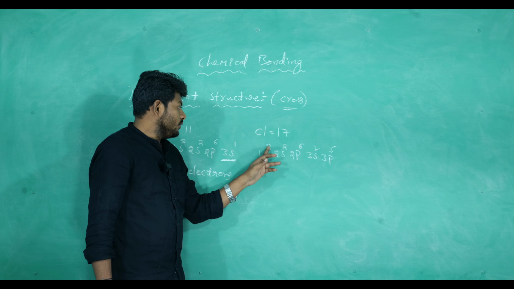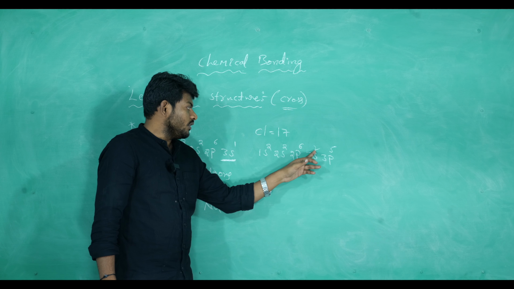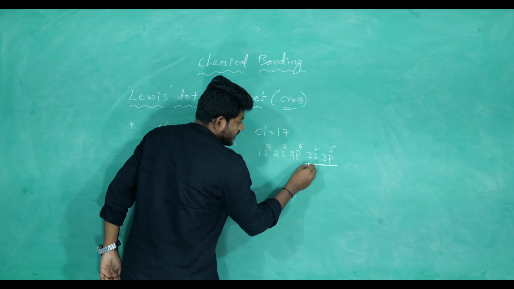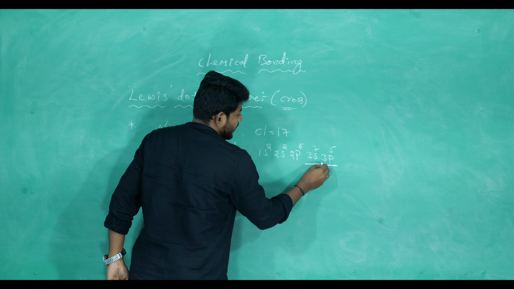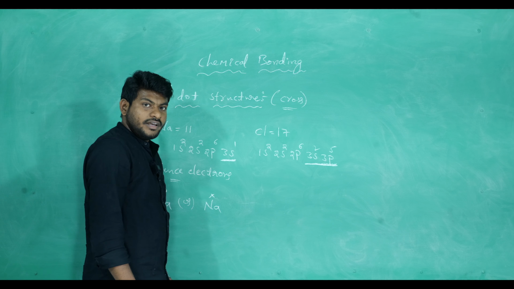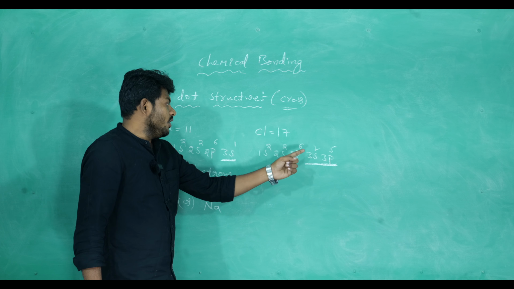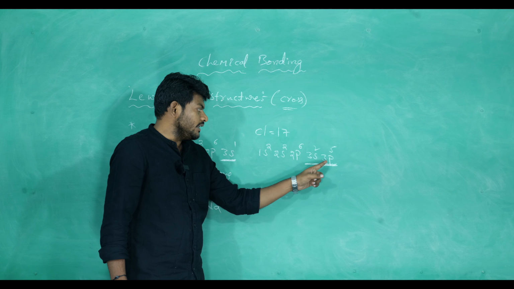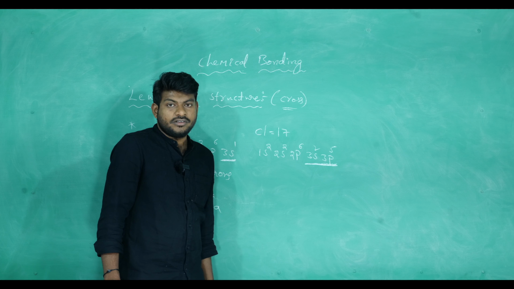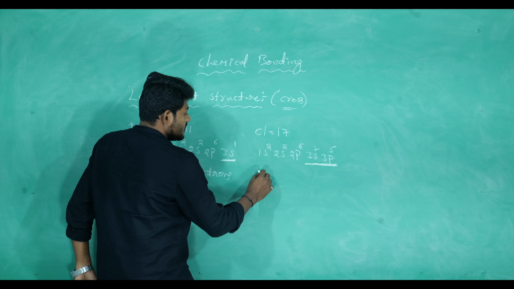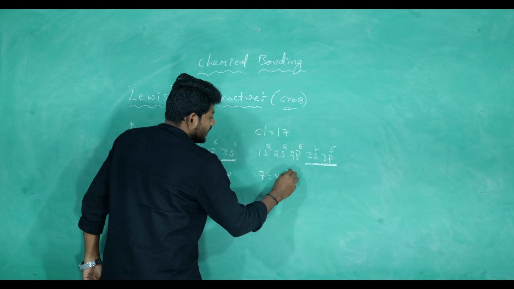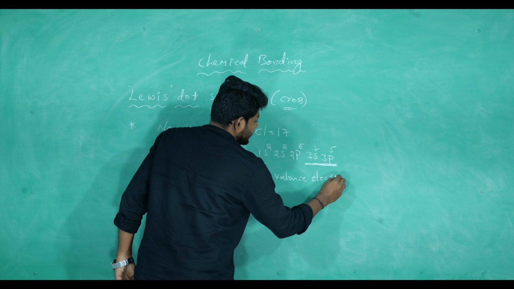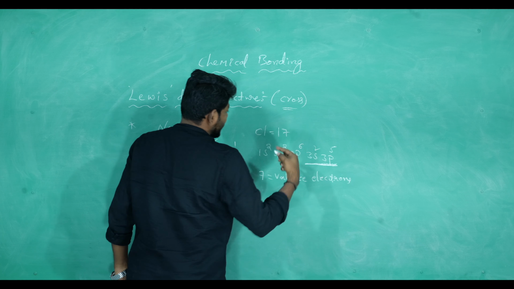The last two shells we call the outermost shell or valence shell. In 3s2, 2 electrons are there. In 3p5, 5 electrons are there. Total 7 valence electrons for chlorine.